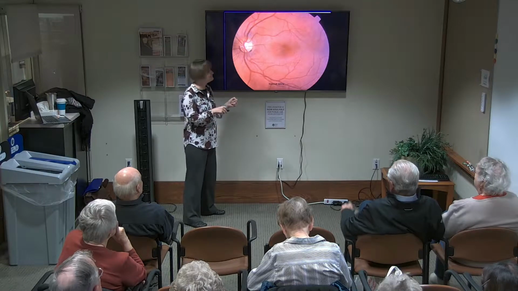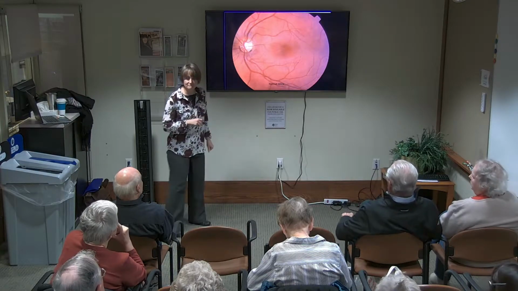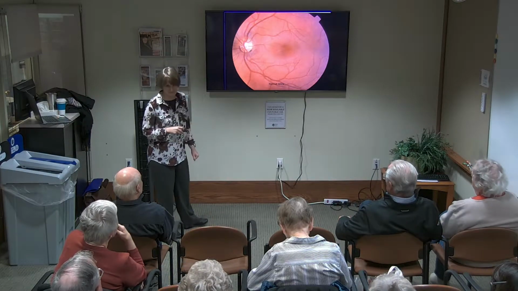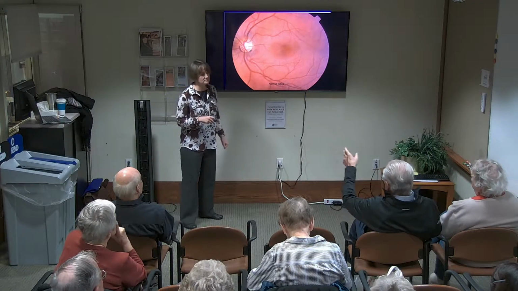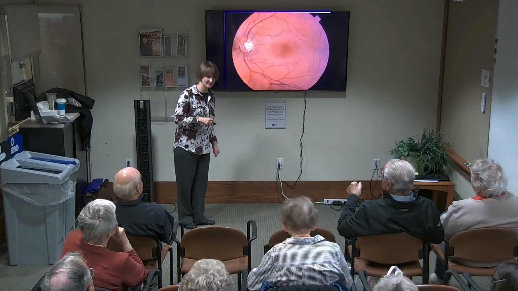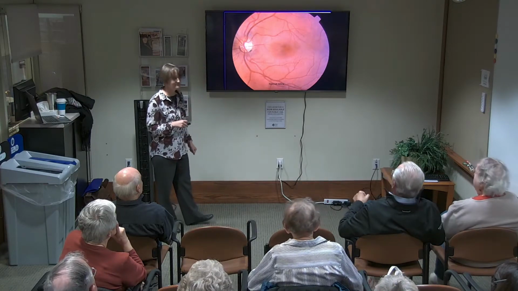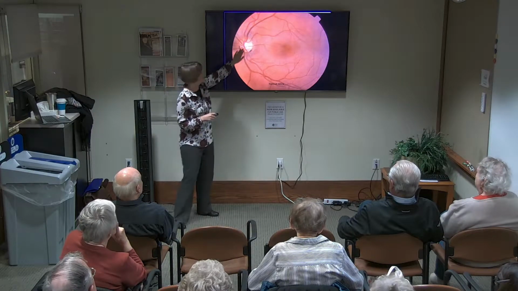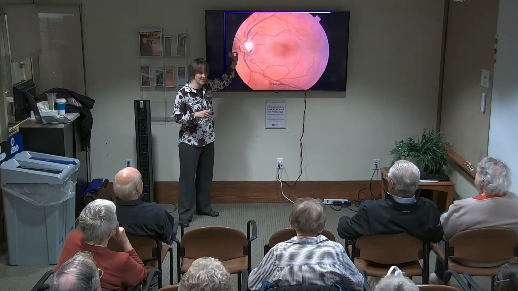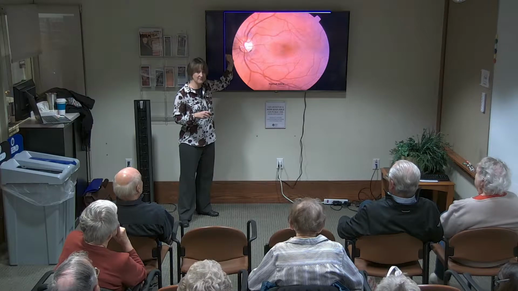Are you looking straight in the eye in that picture? Yes. Straight in so that the optic nerve is off to the side? It is. Yes. Because the optic nerve is actually a blind spot in your vision. Have you heard that before?